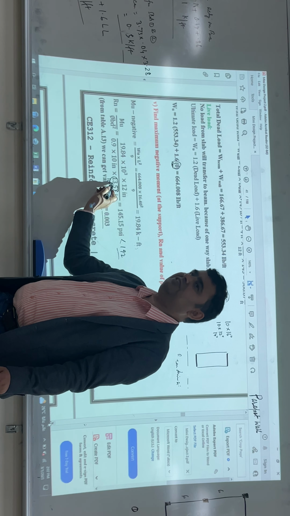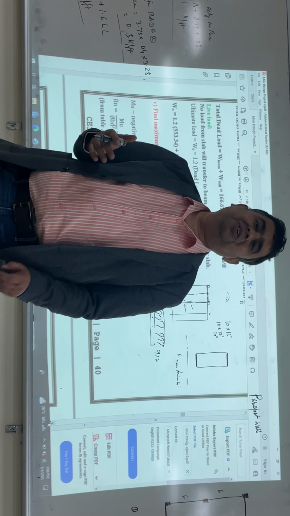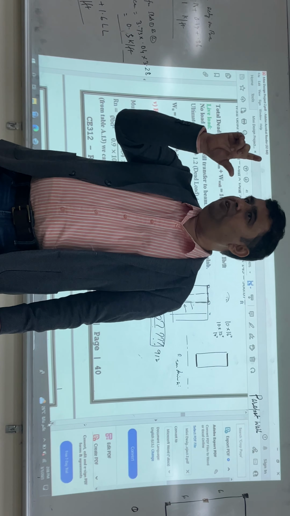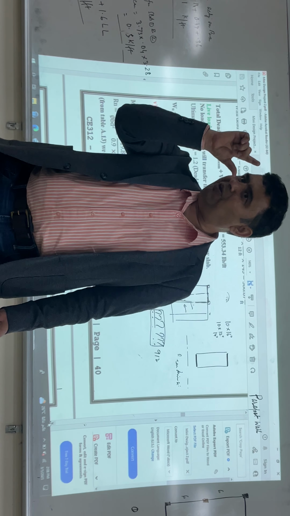If any value is coming less than 192, you have to provide 0.003. Generally in the slab, the value is always coming less than 192, because if you reduce the depth, the slab will fail in deflection.